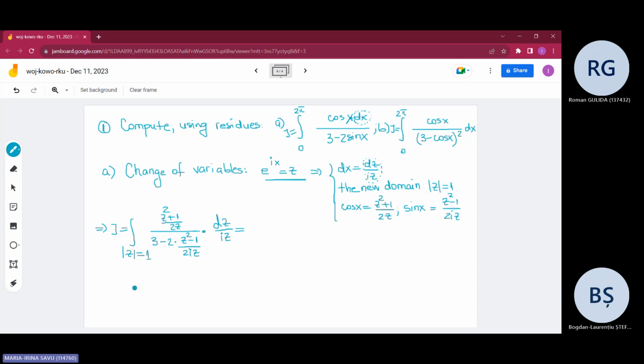And now you must make some computations. Let's say that you have a simplification here, then you have to make the simplification.